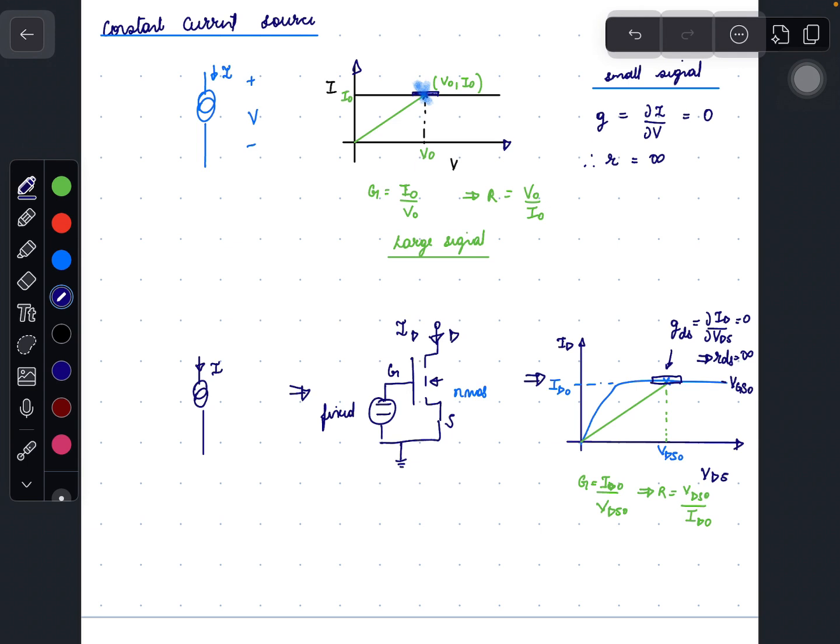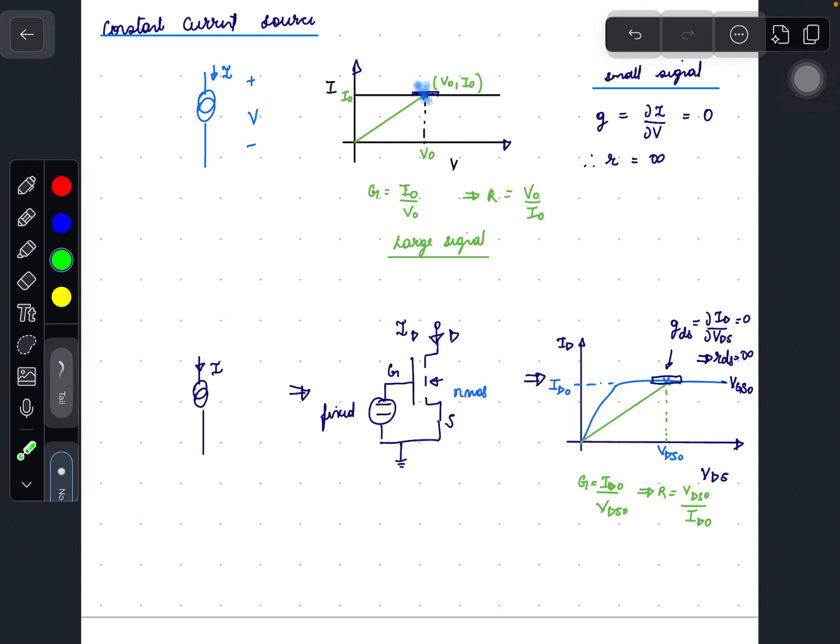The large signal resistance when operated at this point is given by VDS naught by ID naught, and the small signal resistance is nothing but 1 by GDS. Here the slope of this line is 0, so GDS is 0 and RDS is infinite.